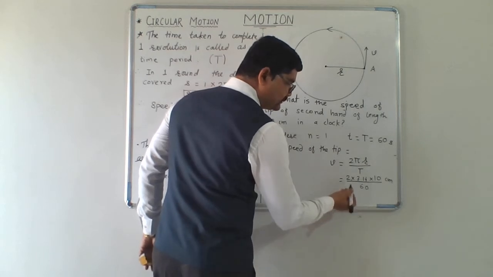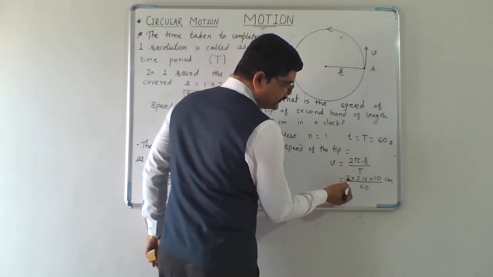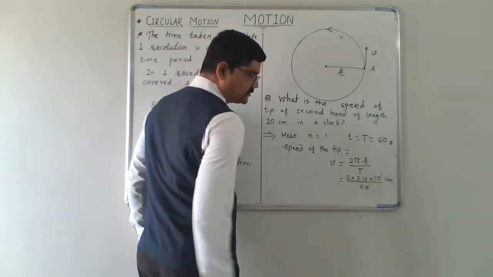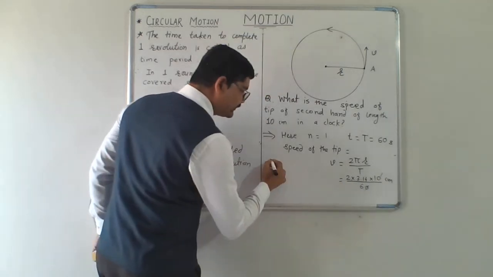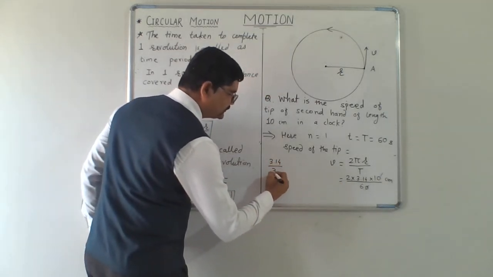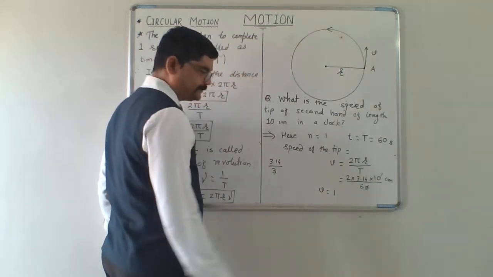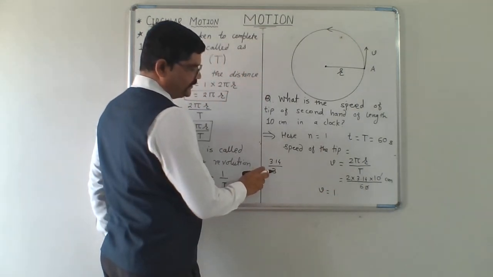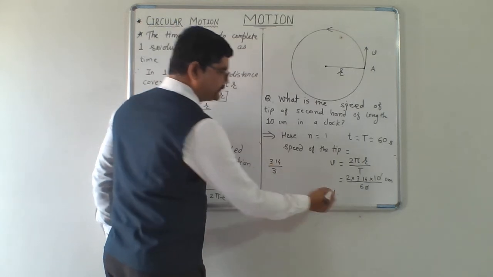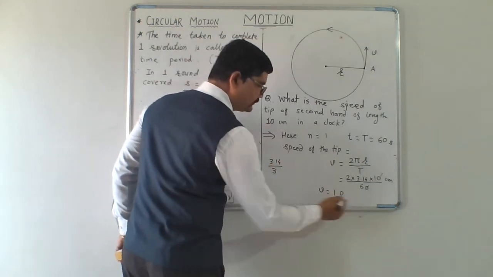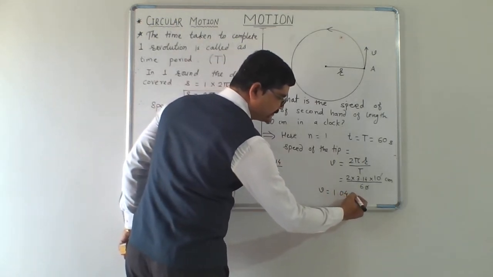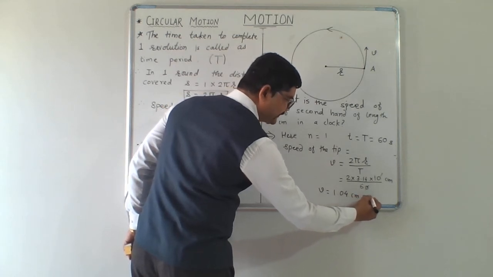So let us multiply and divide. This 0 and this 0 will cancel out. 2 3s are 6, so we will get 3.14 upon 3. V is equal to 1.04 centimeter per second.